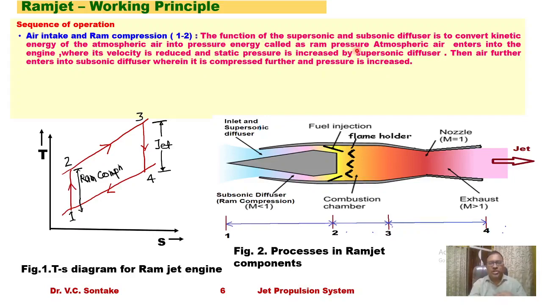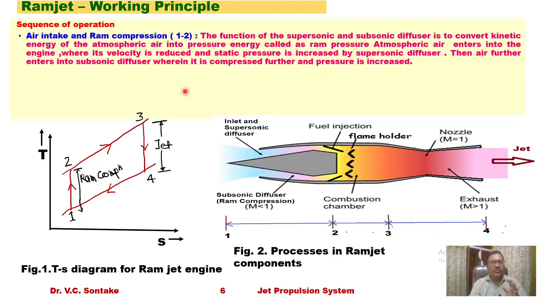Then atmospheric air enters into the engine, where its velocity is reduced and static pressure is increased by supersonic diffuser. So this process takes place in the first part of this diffuser.